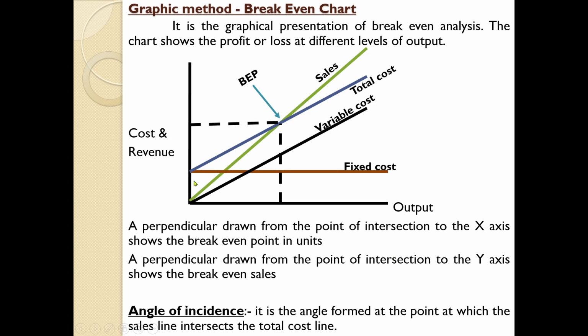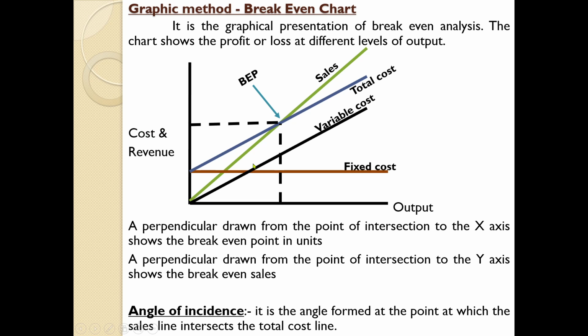The perpendicular line drawn from the point of intersection to the x-axis shows the break-even point in units. If the x-axis is represented in units, we can say that the break-even point is in units. If it is represented in sales amount, it will be break-even sales. That depends upon the nature of the question. The perpendicular line drawn from the point of intersection to the y-axis shows the break-even sales, because here it will be either cost or revenue. That is the concept.